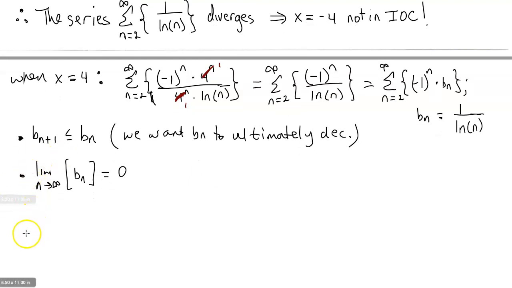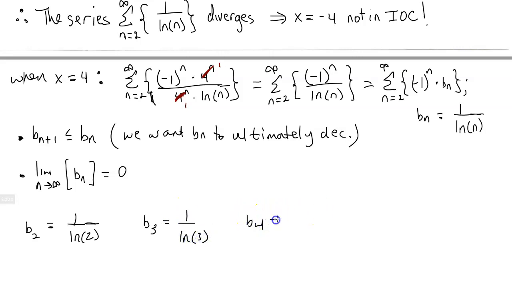So if we list some values of b sub n here, we have b sub 1, oh, sorry, not 1, 2. We have to start here at 2. So this would be 1 over natural log of 2. Then b sub 3 is 1 over natural log of 3. b sub 4 is 1 over natural log of 4.